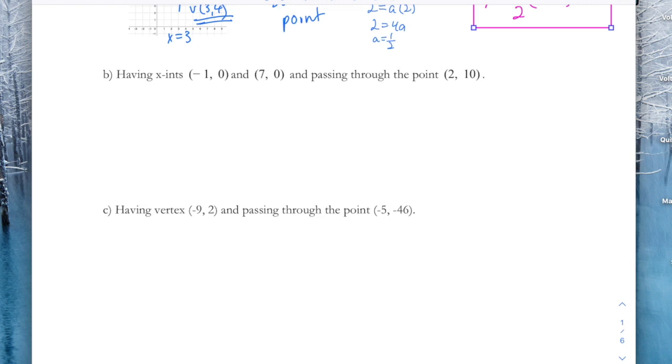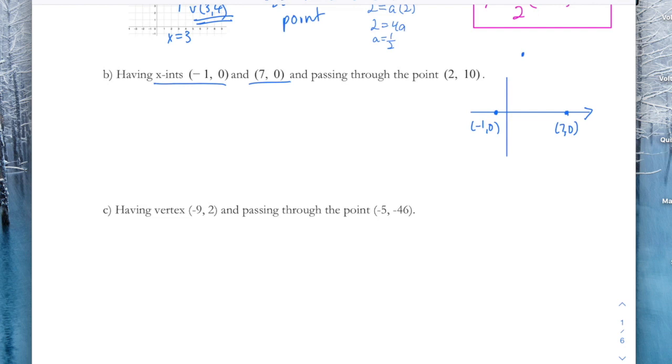In this case, I know my two x-intercepts, and I know another point that my graph passes through. So I know that my graph passes through, say, (-1, 0) and (7, 0). And I also know it passes through the point (2, 10), so somewhere up here.